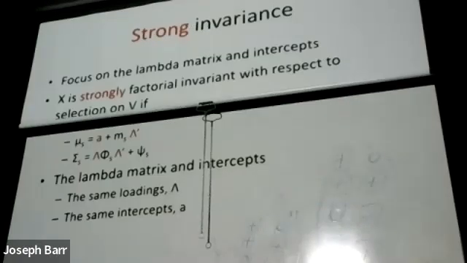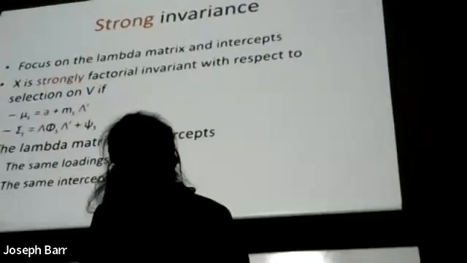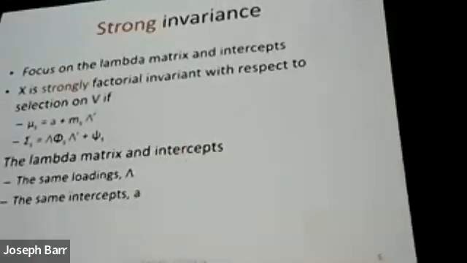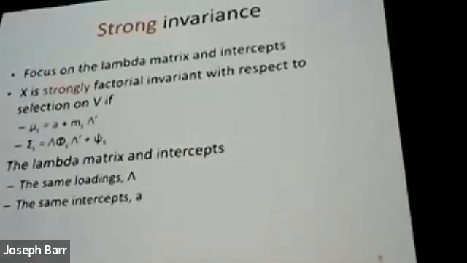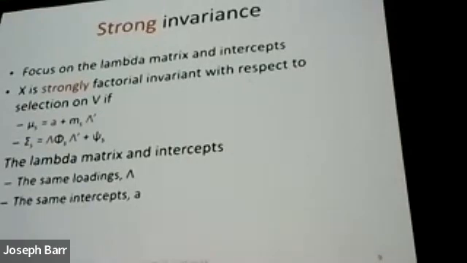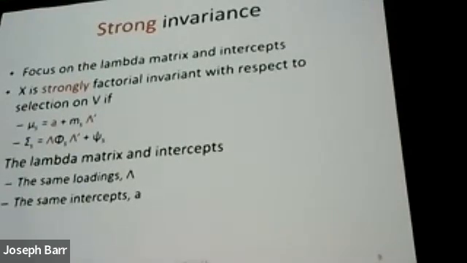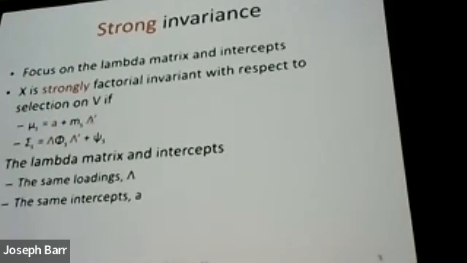And then we have another, stronger invariance test. It's called strong invariance. What does that mean? In addition to the lambda matrix, we're also going to check the intercepts. So in this step, A and lambda are our focus.